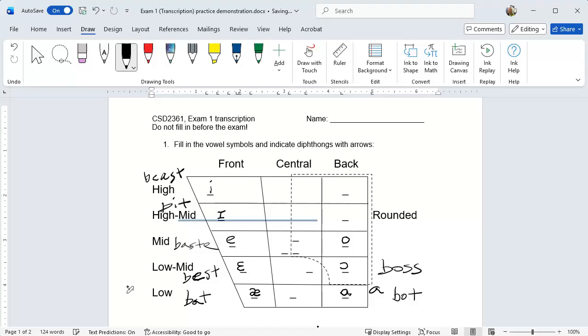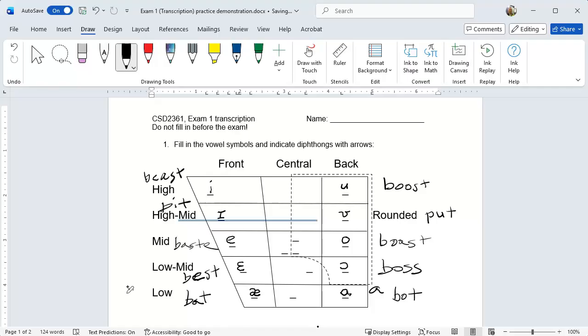O would be in boast. That's probably one where the symbol and the sound are fine with y'all. This would not be in anything with BST, but in put, for example, would be about as close as I can get. And then oo would be in boost.